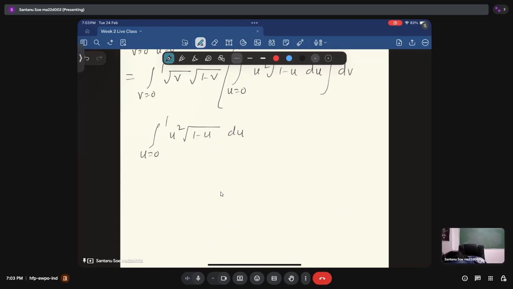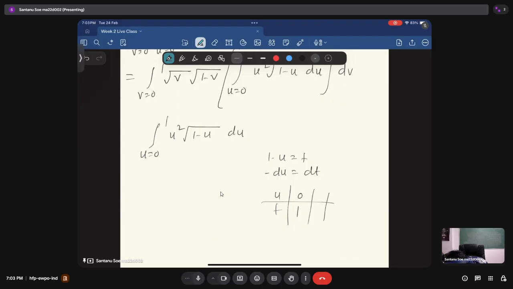So now try to see that if you put 1 minus u equals t, then minus du will be dt. So now if you put u equals 0, then t will be 1.